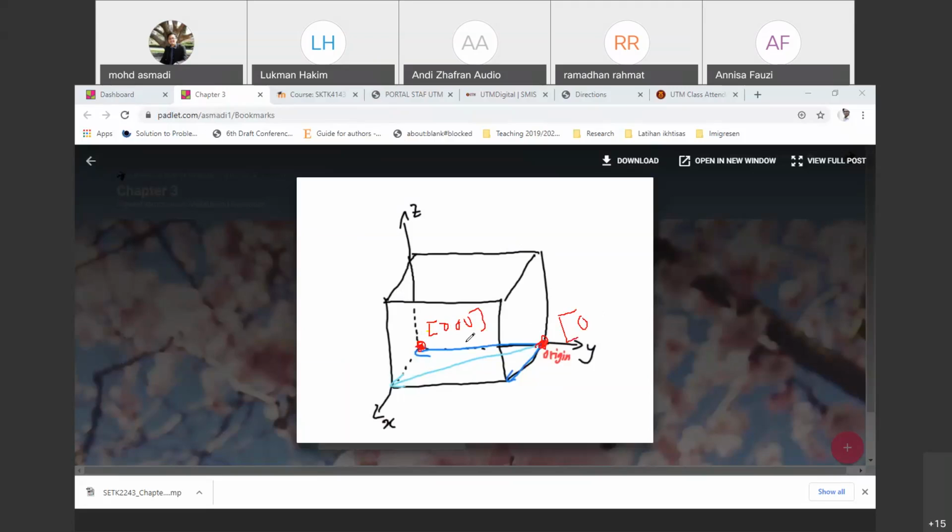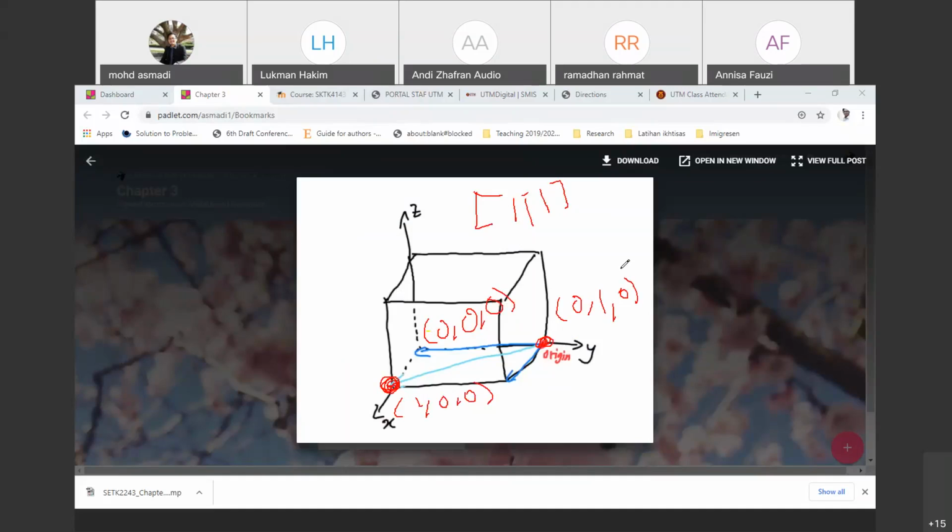So this one is 0, 0, 0. Okay, and this one is 0, 1, 0. This one is the new origin defined by Lukman, and this one is the arrow tip. So you have to write also 1, 0, 0. Okay, so this is for B, which is 1, minus 1.